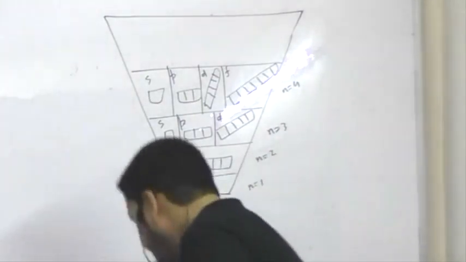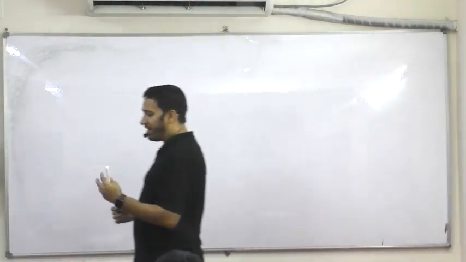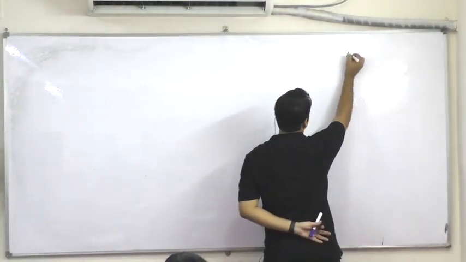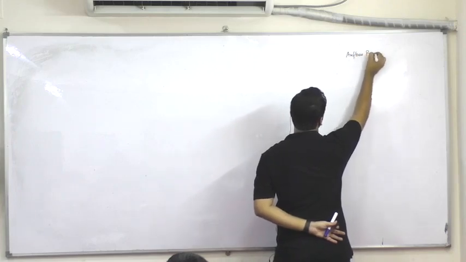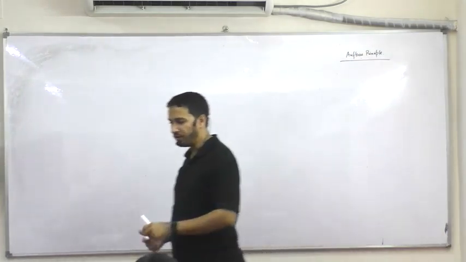Okay. Right. Now, if I have an atom and I give you certain electrons to fill in that atom, these electrons will be filled according to a particular rule. And this rule is known as the Aufbau principle. Aufbau principle. Write down.